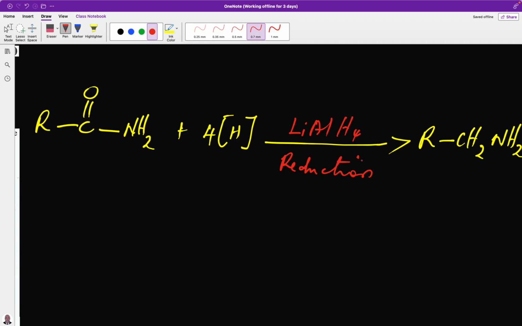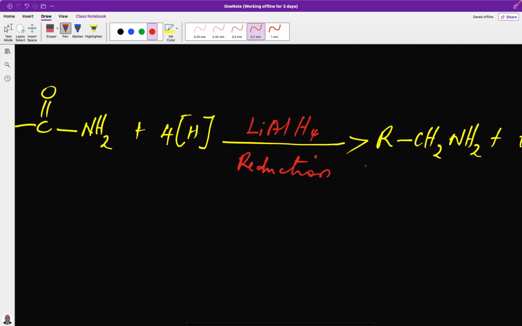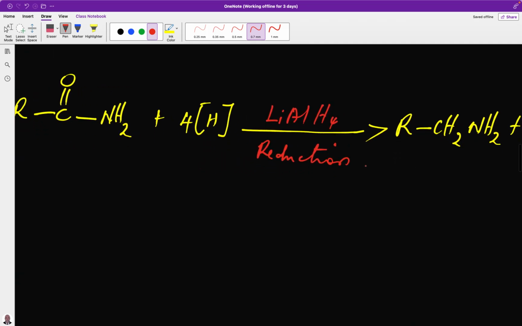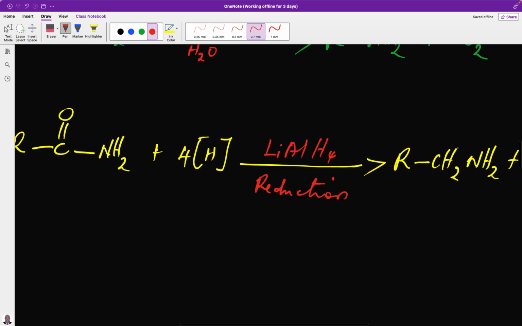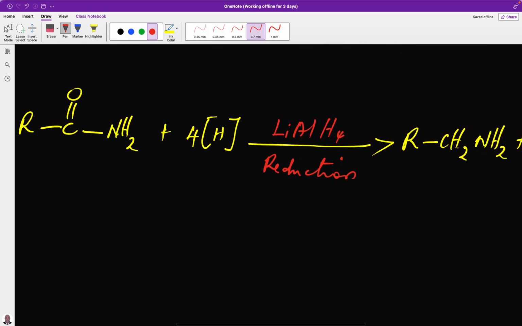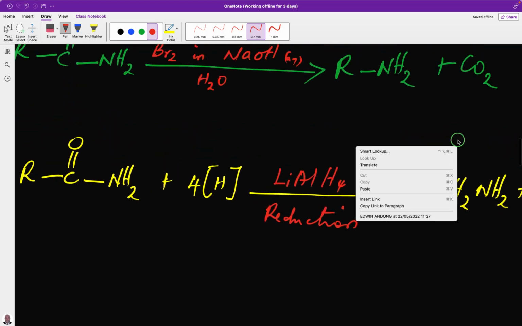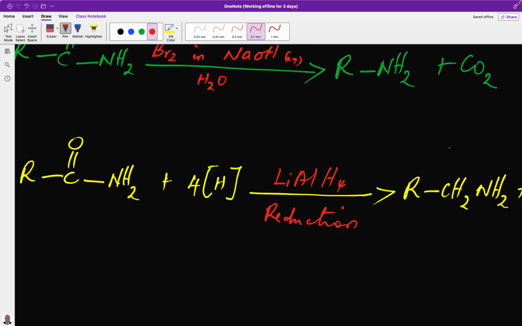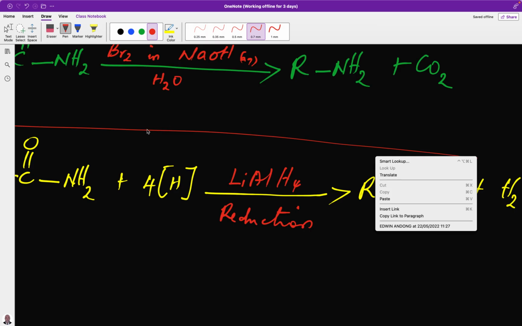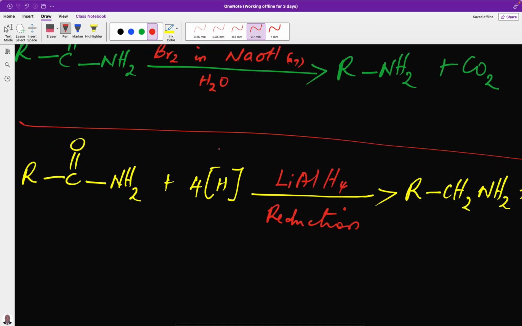The hydrogen will enable you to have a molecule of water, and will enable you to convert this carbon to CH2. So this is another method, method 2 by reduction, but it is not involved in our answer, please. It's just for the purpose of revision.